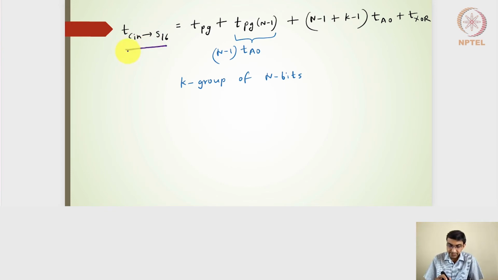So for a general expression of k groups and n bits, we will have T PG, and then T PG of n bits, which is nothing but n-1 TAO, and then we will have TAO as n-1 plus k-1 plus T XOR. So this k-1 decides the number of the big or the red boxes which we had, the AND and OR gates which are going to interface between the different subgroups.